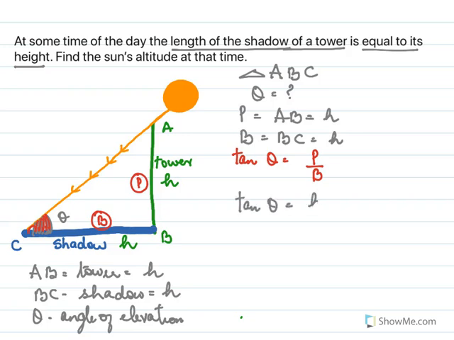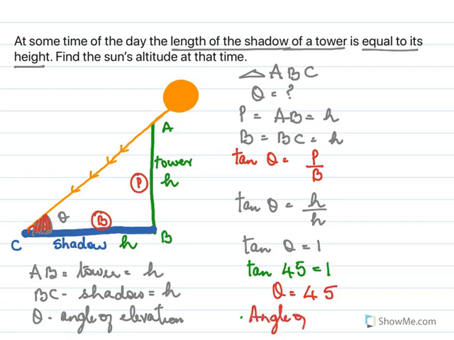So tan theta is h over h. Tan theta is 1, and tan of 45 is equal to 1. So I can say theta equals 45. Angle of elevation equals 45.